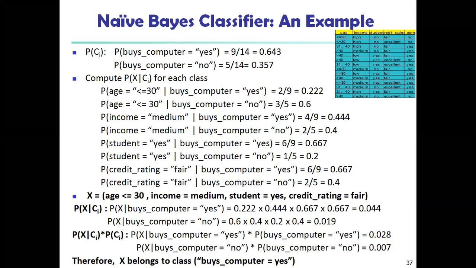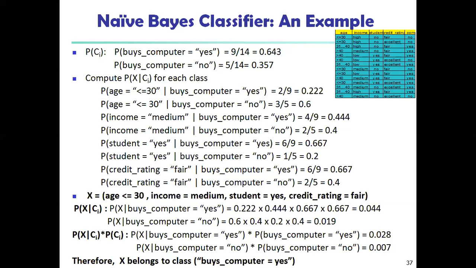Similarly, for income medium and buys computer yes or no, you get the values. If the student is yes, buys computer yes or no, you can get the probability values.